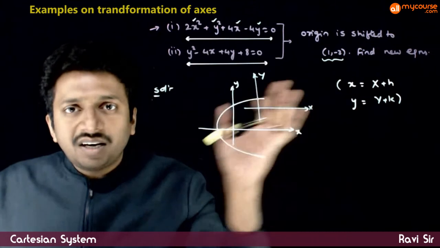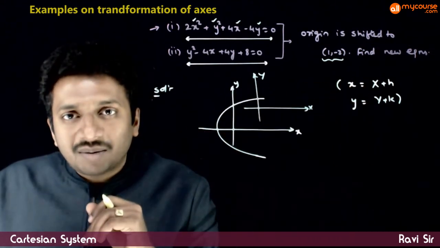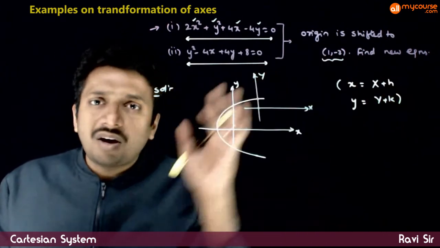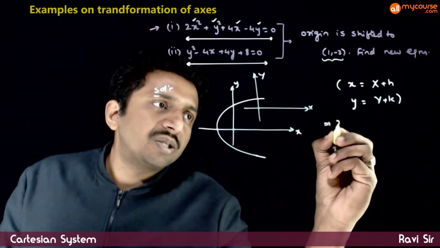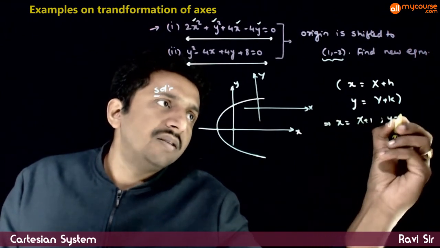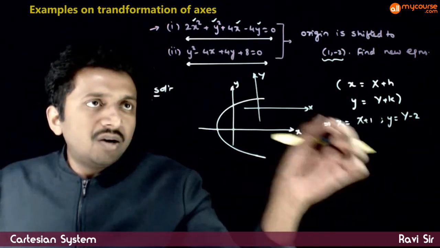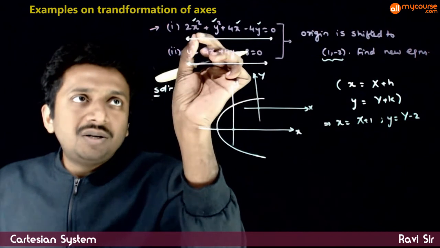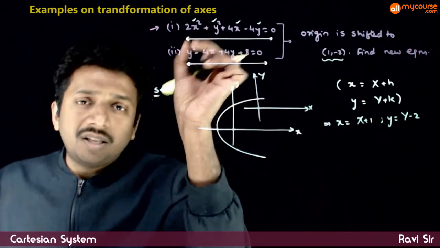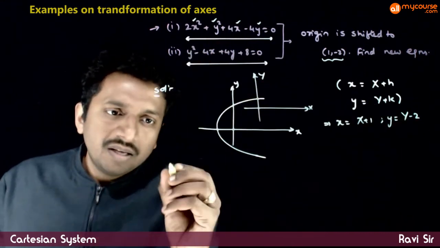So these are the relations which connect small x small y and capital X capital Y. Now what is h and k? h and k is the point to which the origin is shifted. This implies small x is equal to capital X plus 1 and small y is equal to capital Y minus 2. Now to form the new equation, you just need to put capital X plus 1 in the place of x and capital Y minus 2 in the place of y.